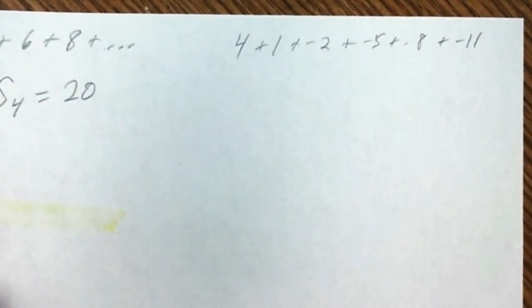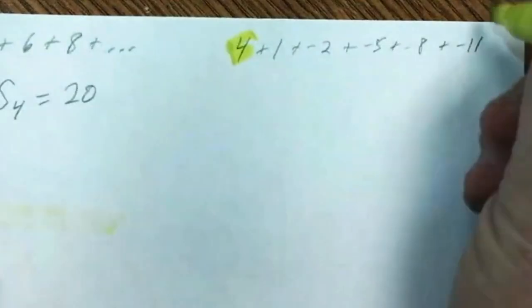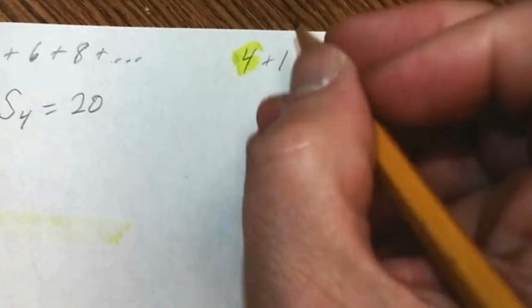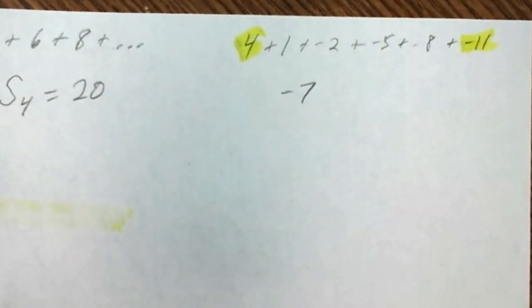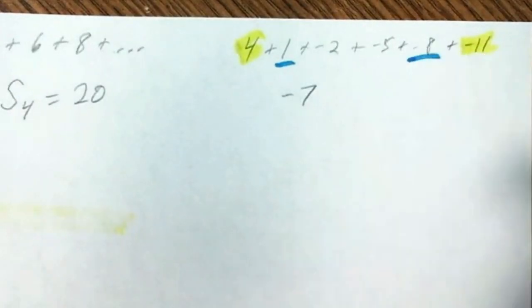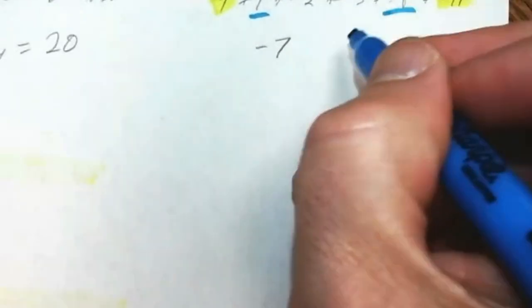And they took the first term and the last term and added those together to get negative 7. Then they took the next term there, and the next term there, and added those together, and it came up with negative 7.